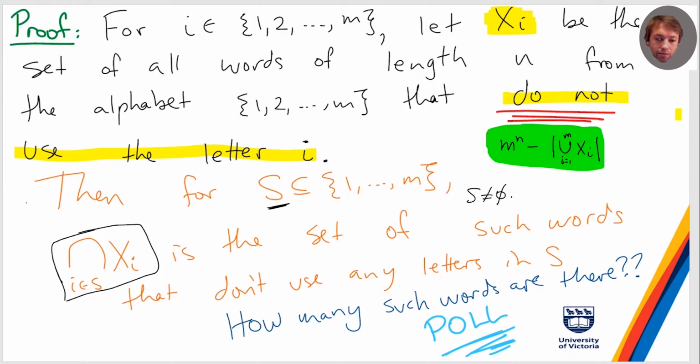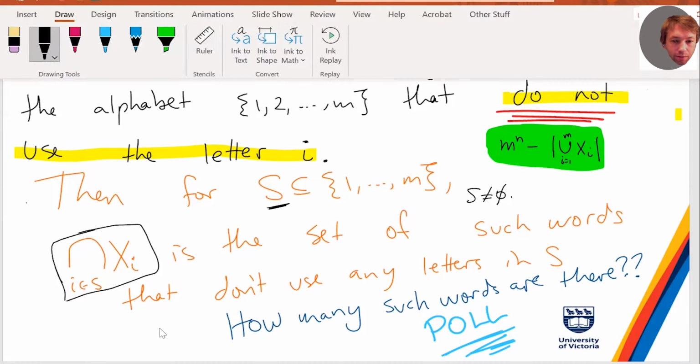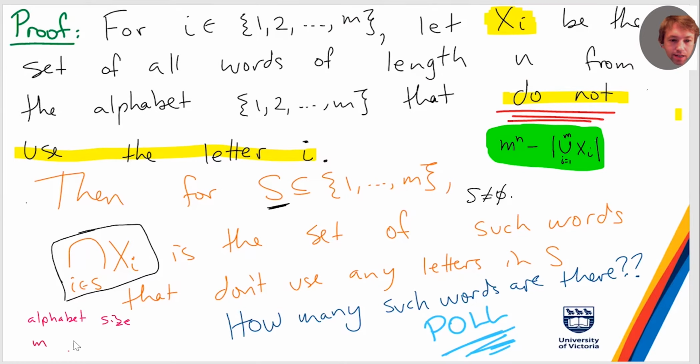If you have to make a word of length n, and you're not allowed to use anything in S, well, it's just a usual kind of word, except that your alphabet now has size m minus the size of S. So it's just a word of length n where the alphabet has size m minus the size of S.